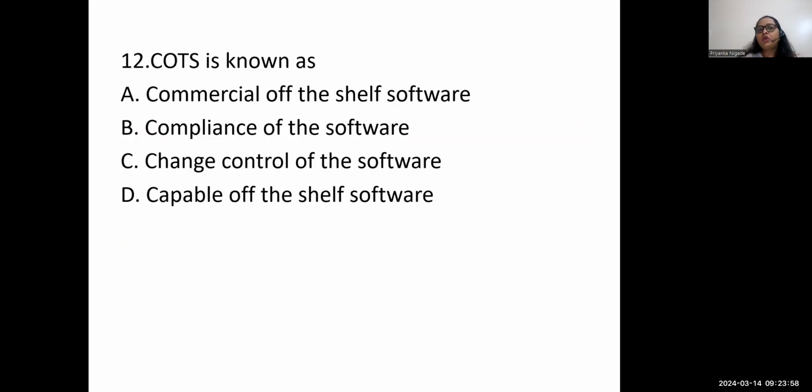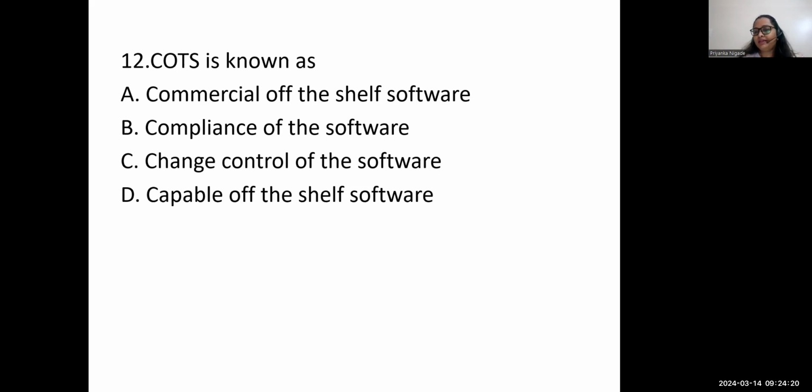Okay. What is COTS? Do you remember the service model I have discussed? What does COTS stand for? Commercial off the shelf software, compliance of the software, change control of the software, or capable of shelf software? A very simple question.